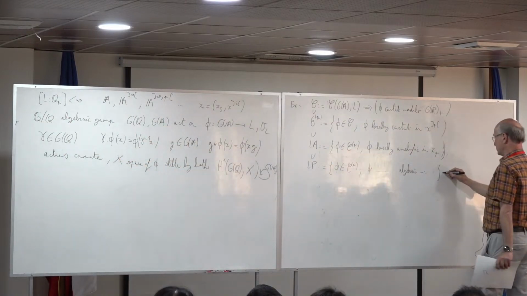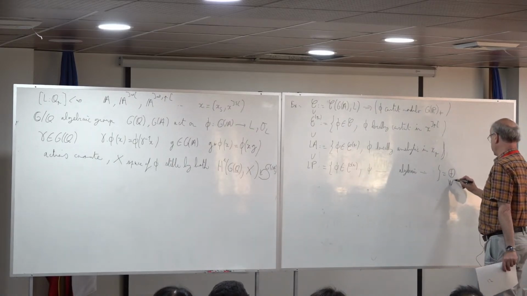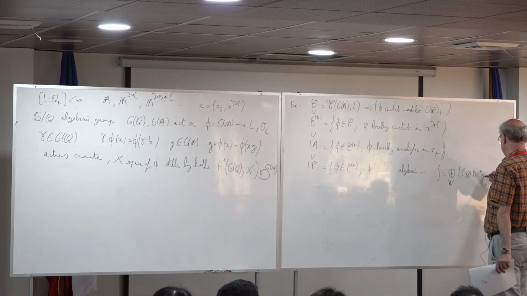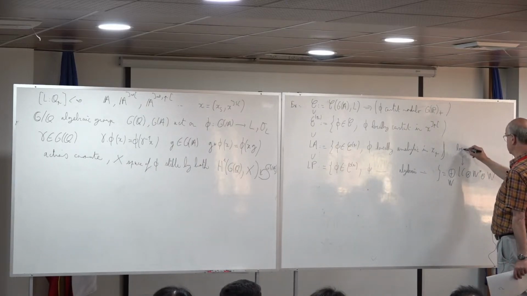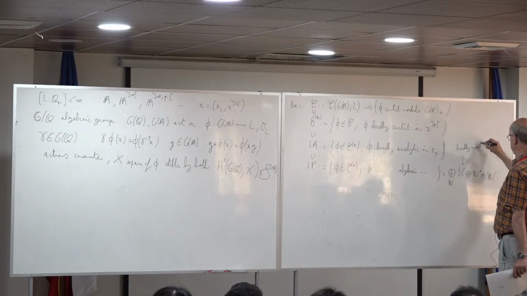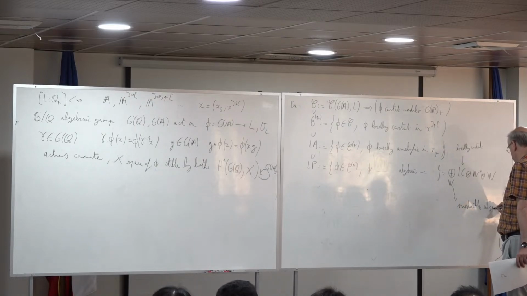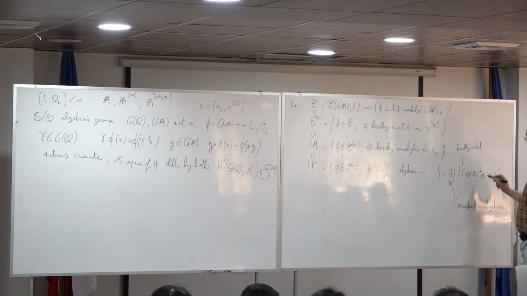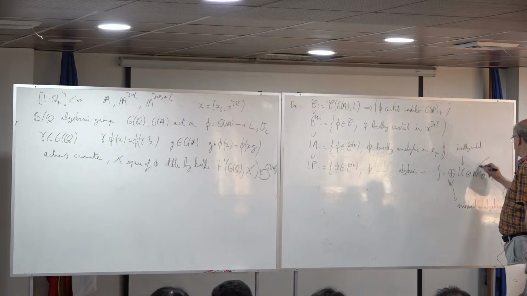Okay, and this you can decompose using irreducible algebraic representations as a direct sum over all W of LC tensor W star tensor W. So LC are locally constant. The W here are irreducible algebraic representations. So these are finite dimensional representations.